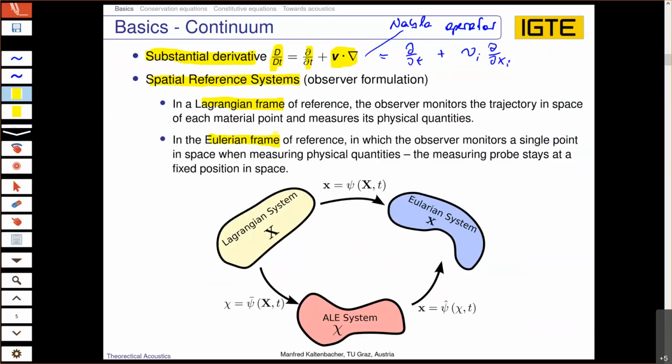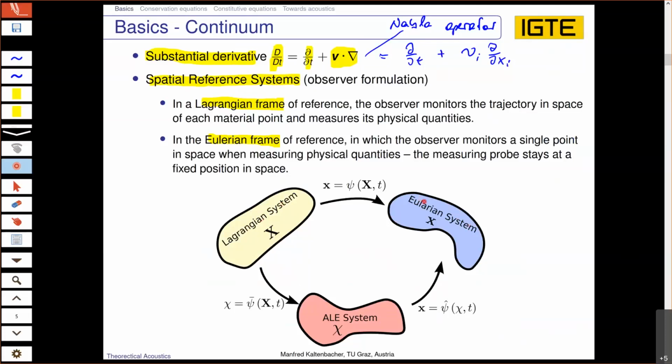However, very often we have coupled field problems, so we are interested in fluid structure interaction. As I have told you, we have the Lagrangian frame within structural mechanics and the Eulerian frame within fluid dynamics.